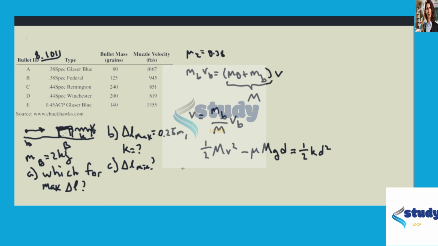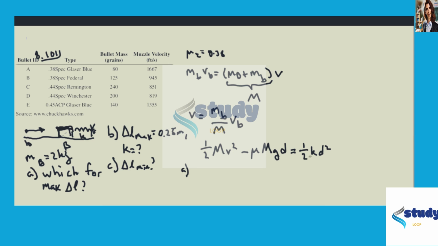And so for part A now, we can see that the greatest speed of the combined object will maximize d, because if we move this over here, we've got some quadratic in d equal to some constant, and so the bigger this is, it's monotonic.